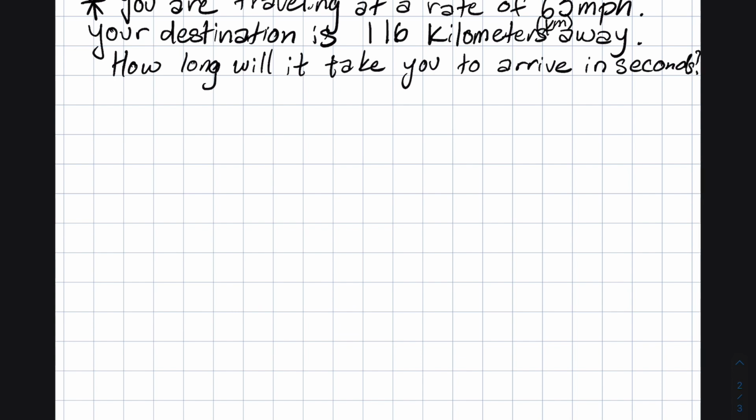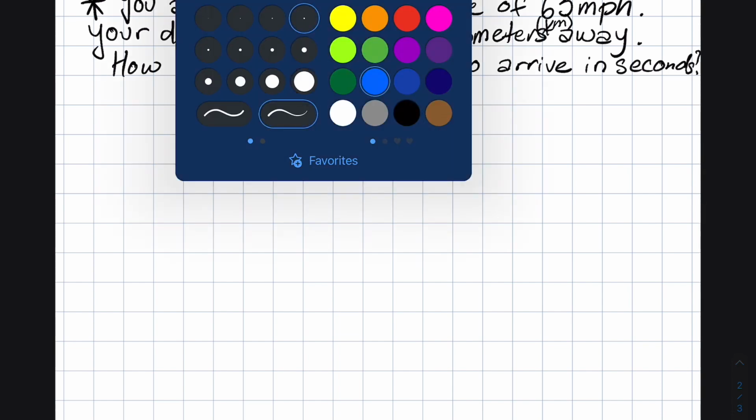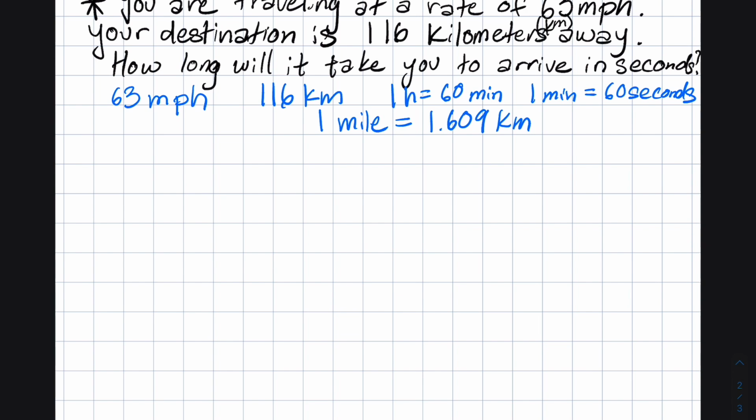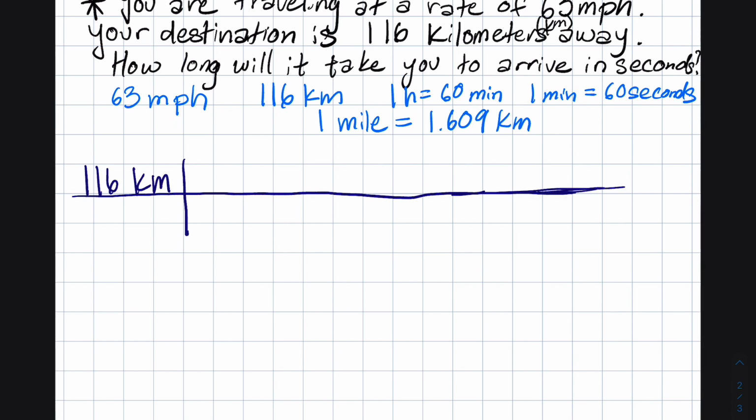So here, we're going to take what we know, which is the 116 kilometers, and then we're going to convert that into miles. So we would put 1.609 kilometers at the bottom over or under 1 mile.